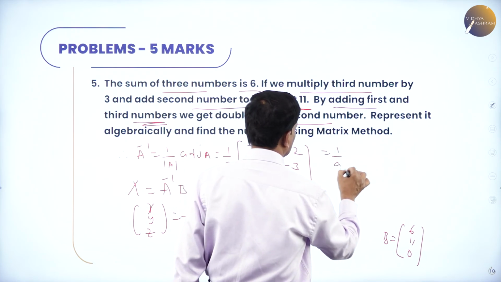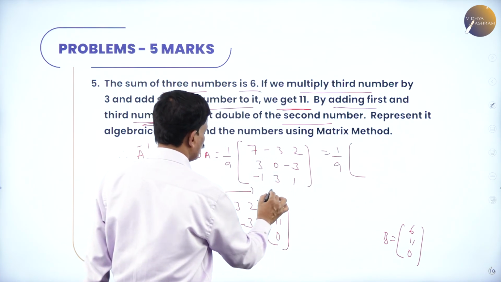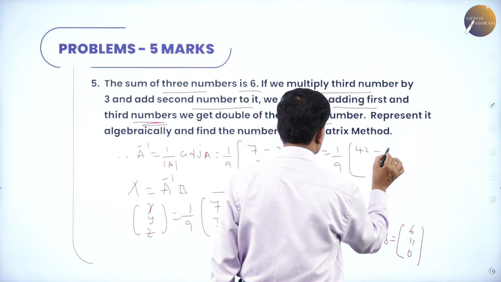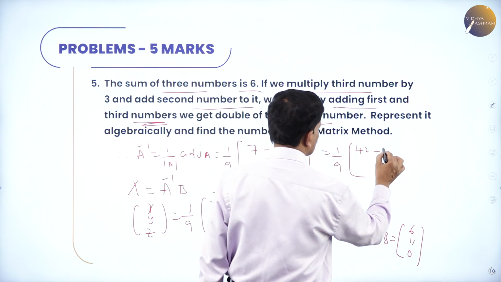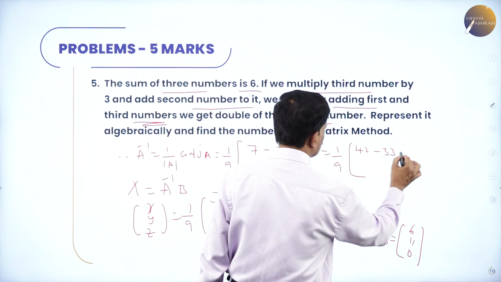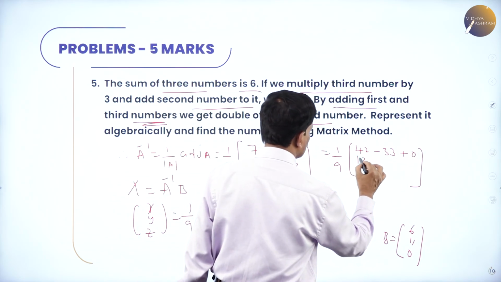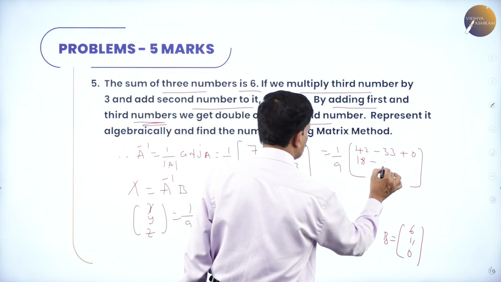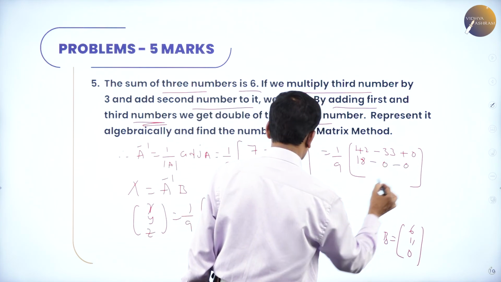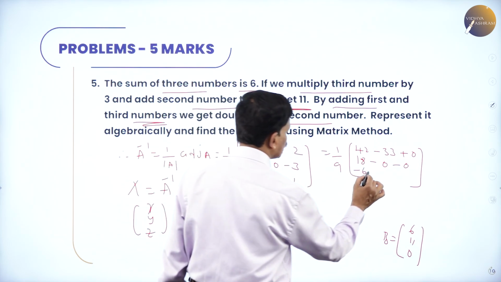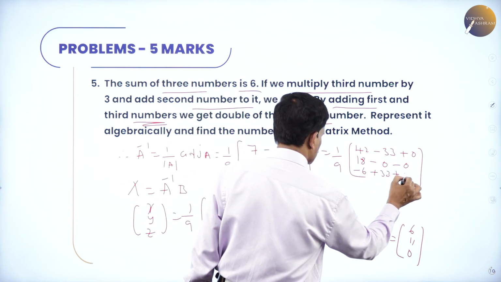First row: 7 6s are 42, minus 3 11s are 33, plus 2 into 0 is 0. Again 6 3s are 18, again 0, again 0. Again minus 1 6s are 6, 3 11s are 33, plus 0.